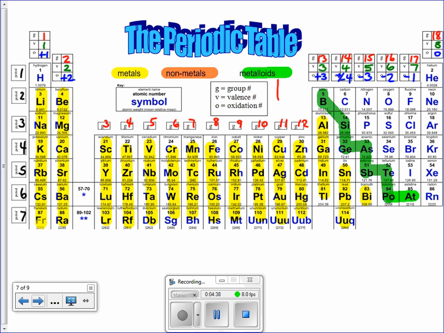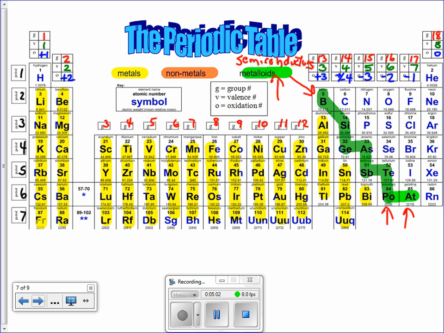Okay, the next part we will have is the metalloids. According to our book, it is also called semiconductors. Sorry for the spelling there, but it's semiconductors. You will see that they are all right here.